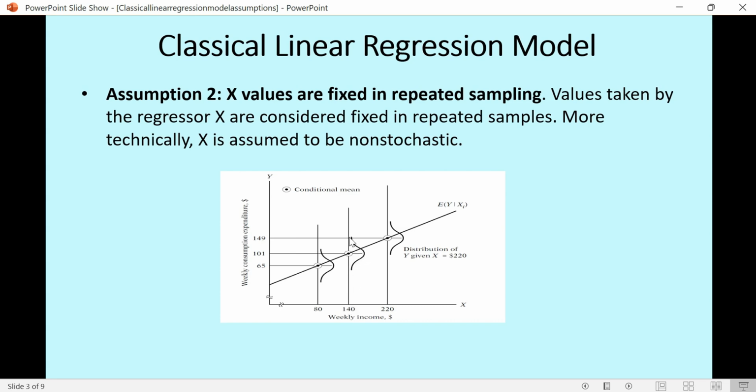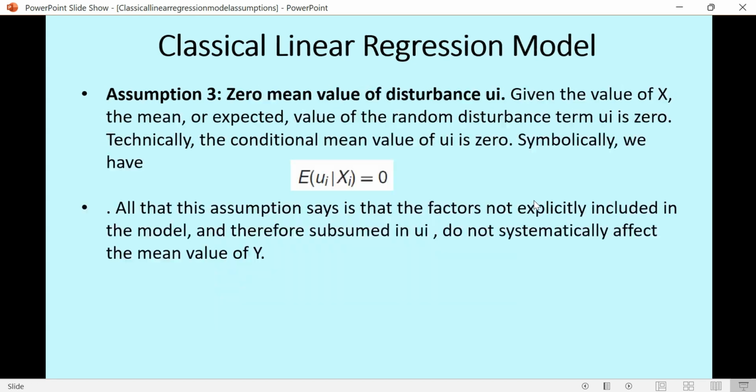Which means this is a symmetrical distribution around the mean value on the regression line. Because given xi, the mean of ui is 0, we can assume that ui does not systematically affect the mean value of y, because it is not included in the model. So we assume this random term has zero effect on average.